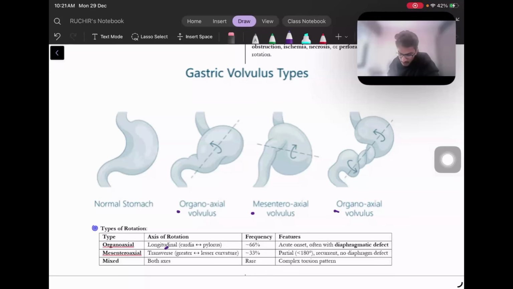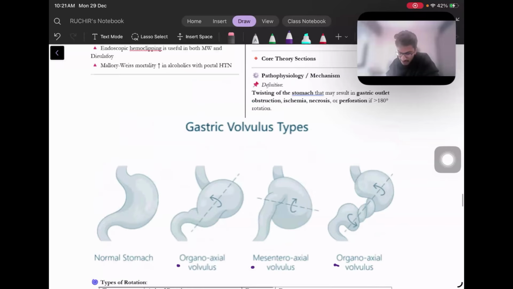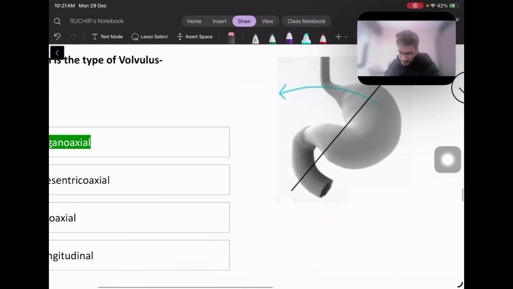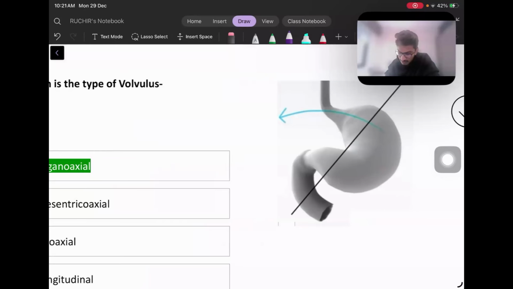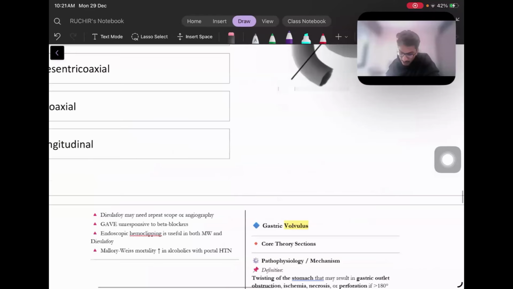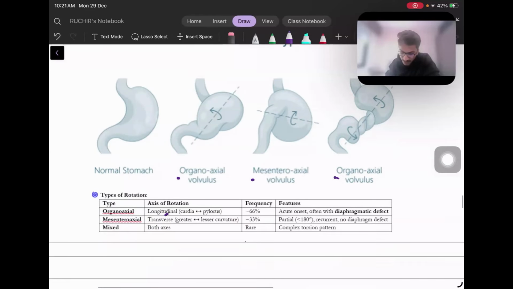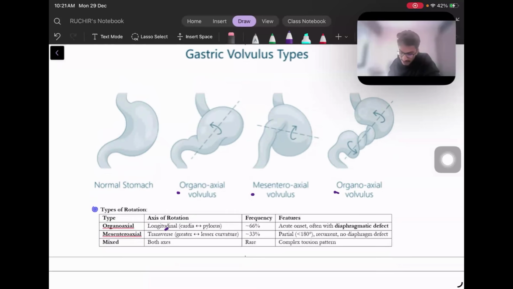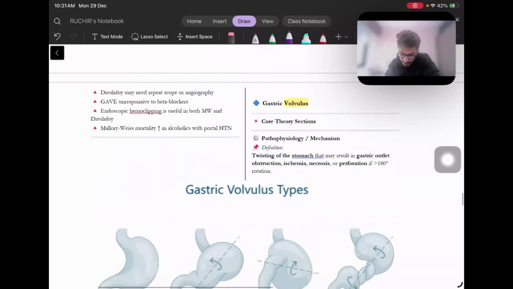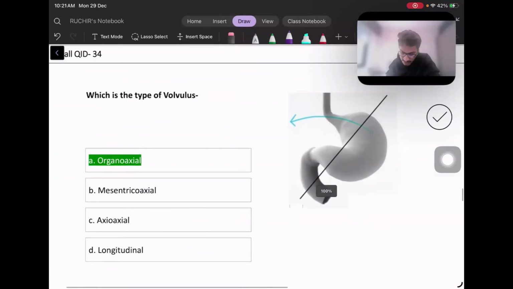Organoaxial is basically longitudinal, that is, the axis of rotation is from the cardia to the pylorus, which is shown in the black line over here. And if the line passes along the greater and the lesser curvature, it is mesenteroaxial. Most common is organoaxial, and the answer here is organoaxial volvulus.